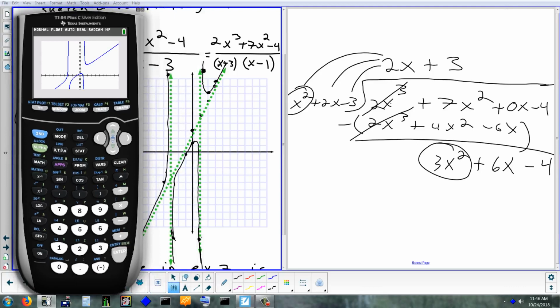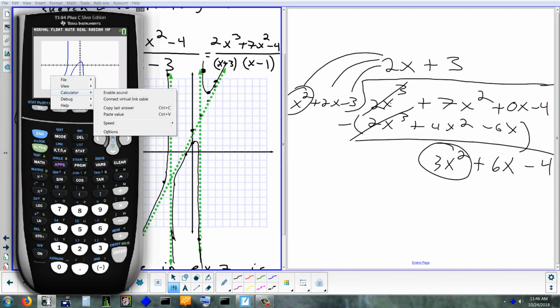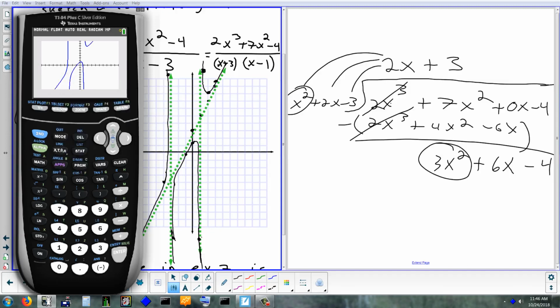Again, my window is a little different, so if you wanted to see it more like what we did, I think if you do zoom 6, it should look hopefully pretty identical now. Yep, you're just barely seeing a little bit of the U shape because it's on the very top of my graph. And that's your sketch. Is there any question on that one?